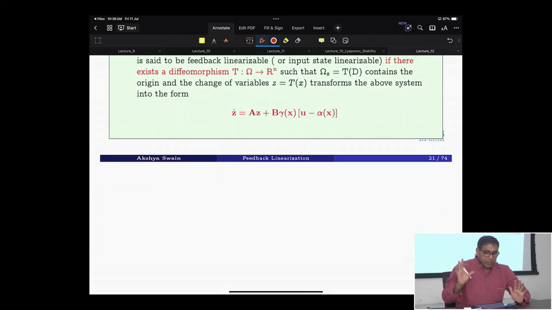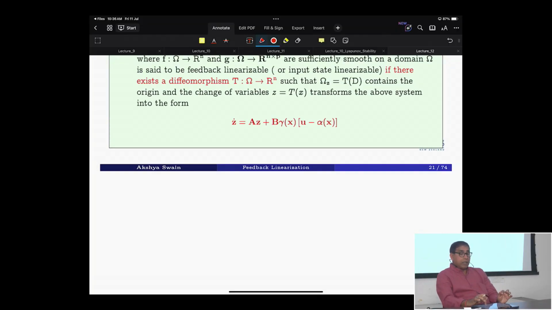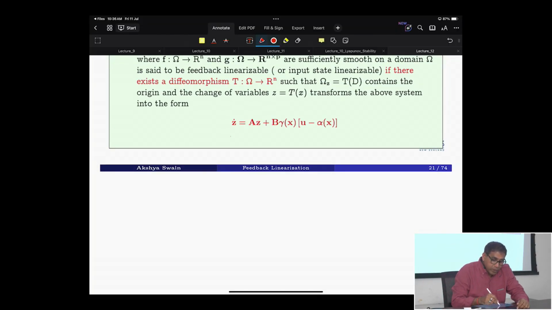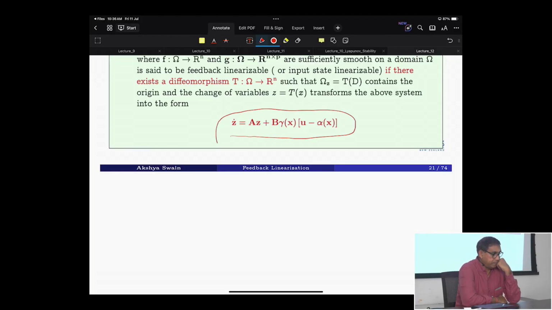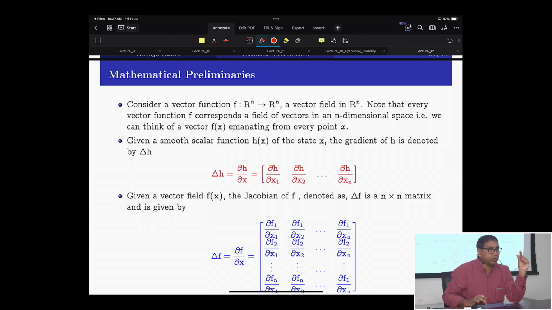So, forget about all these complications. I have a system in this form now. If it is not in this form, I will first make it into this form, then design a controller and cancel the nonlinearity. Only small mathematics is needed.